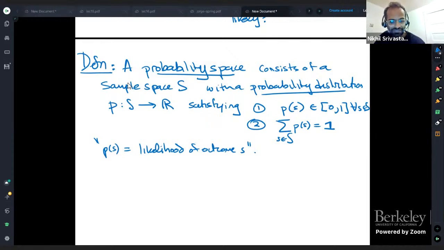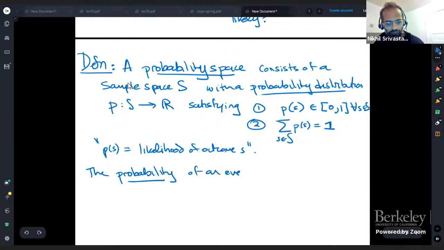And then given these definitions, the probability of an event E, use this bold P again, P of E is just the sum of the probabilities of the outcomes in that event.